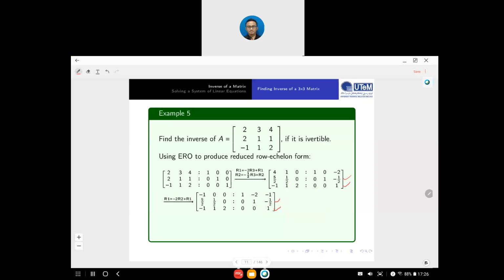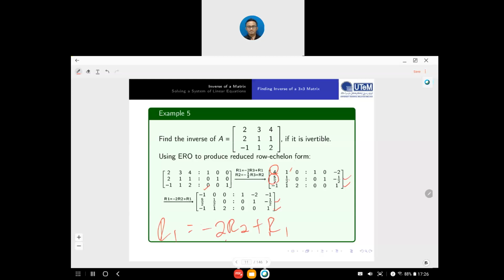Okay, so we know that new row 1 equals negative 2 R2 plus row 1. Negative 2 times 5 over 2 becomes negative 5. Negative 5 plus 4 is negative 1. Negative 2 times 1 over 2 is negative 1.